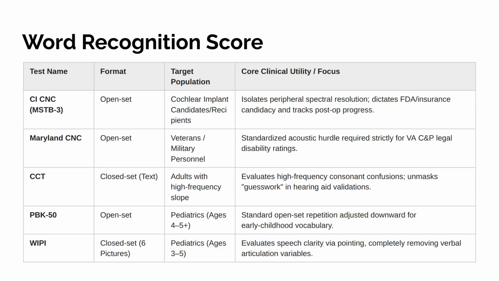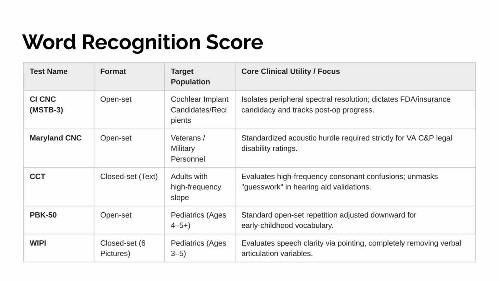The first one is not the most common, but it is used with cochlear implant candidacy. The CI-CNC word list. It's open set. It's used for cochlear implant candidacy, isolates peripheral spectral resolution, dictates FDA insurance candidacy, and tracks post-op progress for cochlear implant candidates.